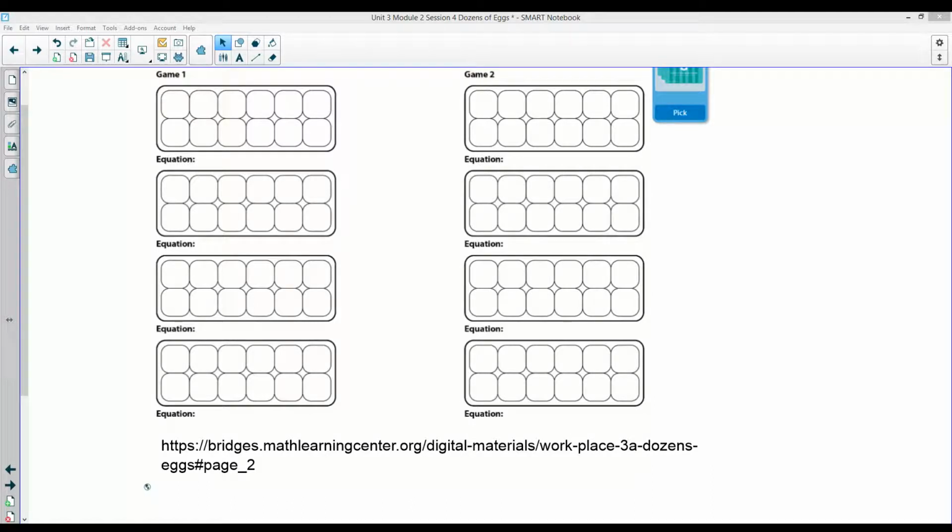And here is your card, so we pick a card. 5/6. So if I'm player 1, I got to go over here.